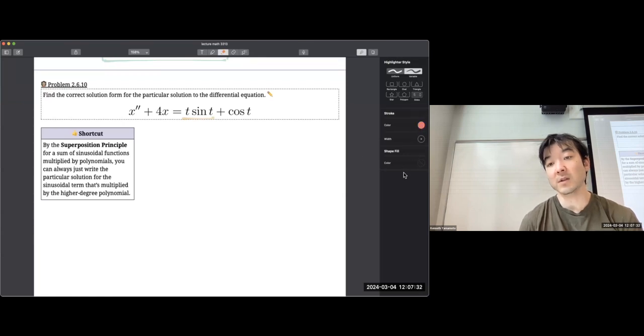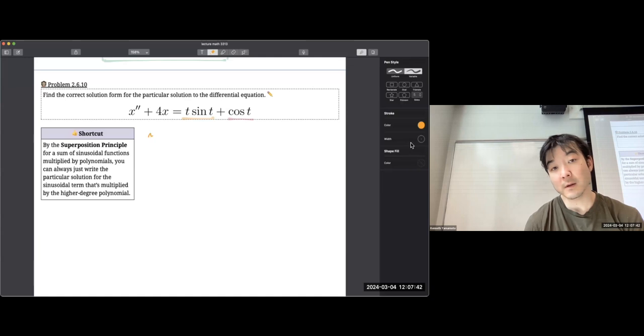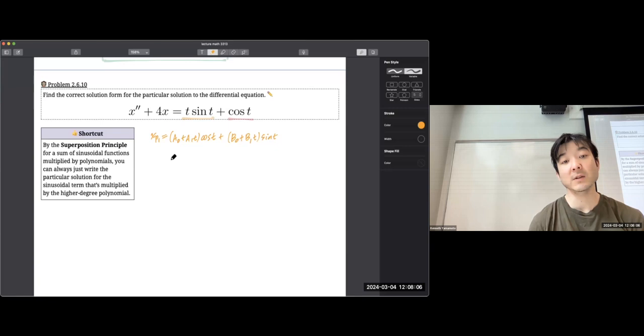So of course there's two right-hand sides, and you're going to say there's a particular solution associated with the first one. The first one is t times sine of t, so you have to build a general first degree polynomial, so a naught plus a1t times cosine of t plus b naught plus b1t times the sine of t, because it's a first degree polynomial multiplied to a sinusoidal.